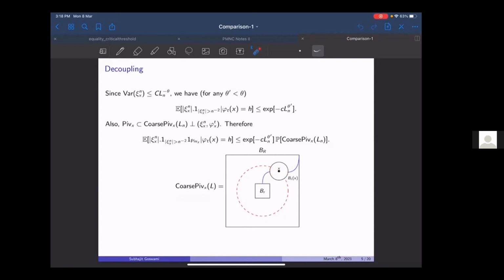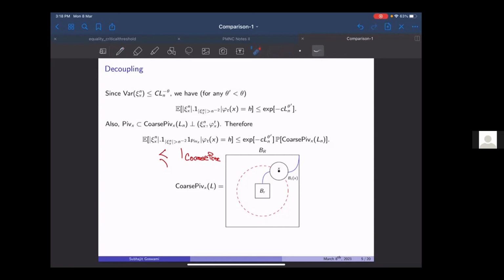What is the advantage of doing that? Well, we achieve the decorrelation. We can factorize now. First there is just monotonicity, so this is less than or equal to 1 coarse PIV, because that's just inclusion.